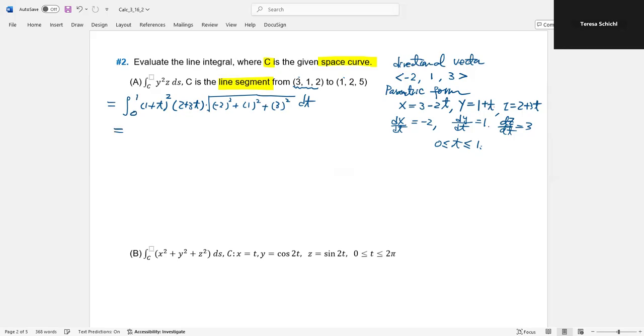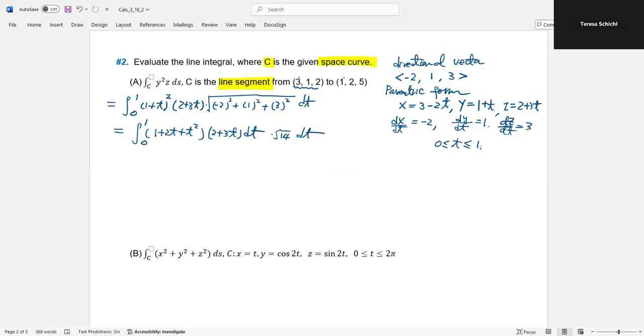Here, we can just FOIL it. This is 1 plus 2t plus t squared, times 2 plus 3t dt. What we have inside is the square root of 14 dt. Don't forget t is from 0 to 1.